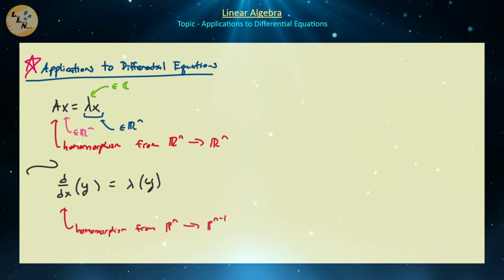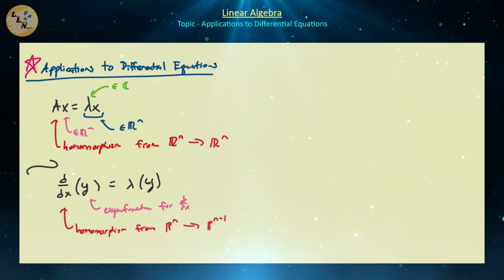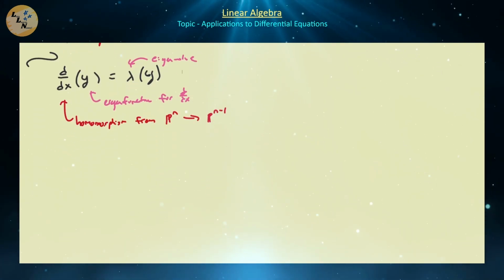So this function y is going to be an eigenfunction for the derivative operator d over dx, and lambda, of course, as usual, will be our eigenvalue. So one can say, well, what is the eigenfunction for the differential operator d over dx? And we're going to look at this in particular today.